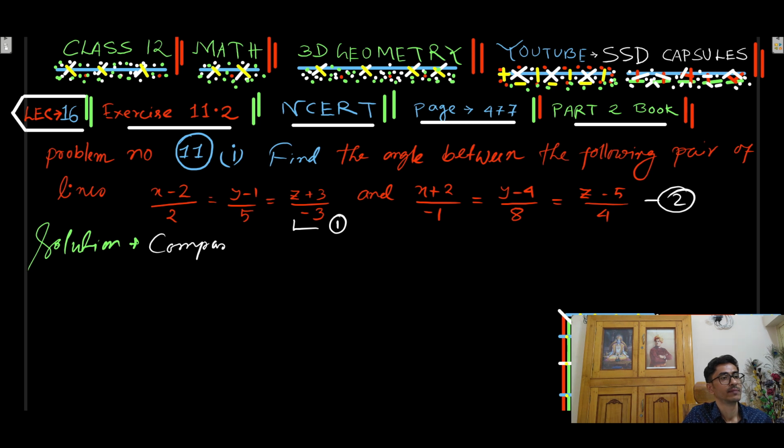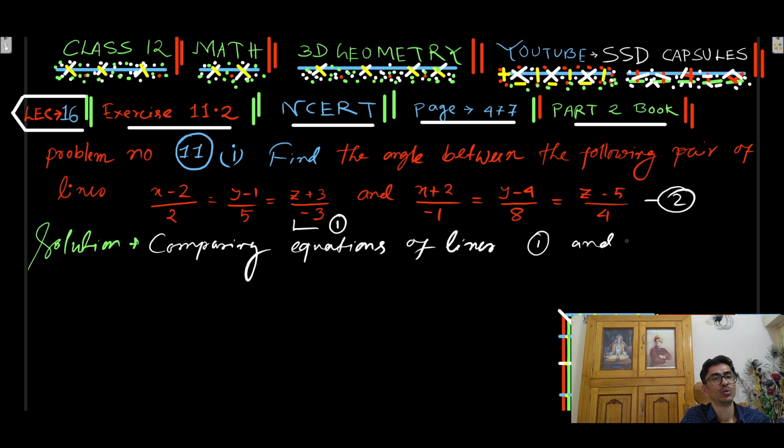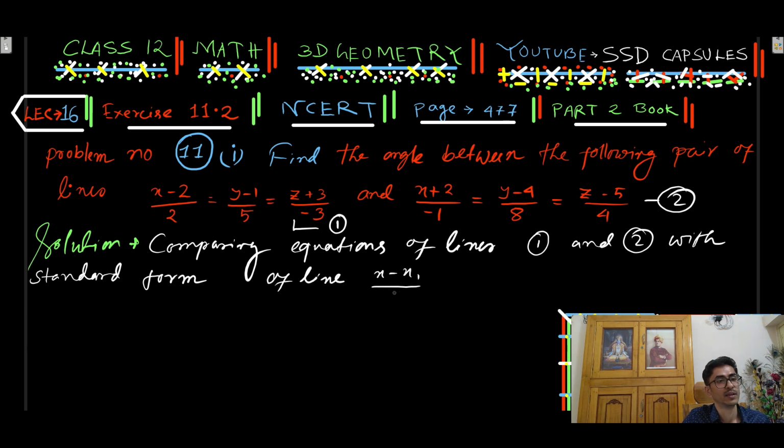Comparing equations of lines 1 and 2 with the standard form of line, that is x minus x1 by a1, y minus y1 by b1, z minus z1 by c1.